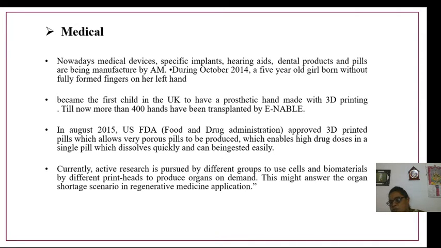We are using this technology, and also in the production of biomaterials in the medical field.